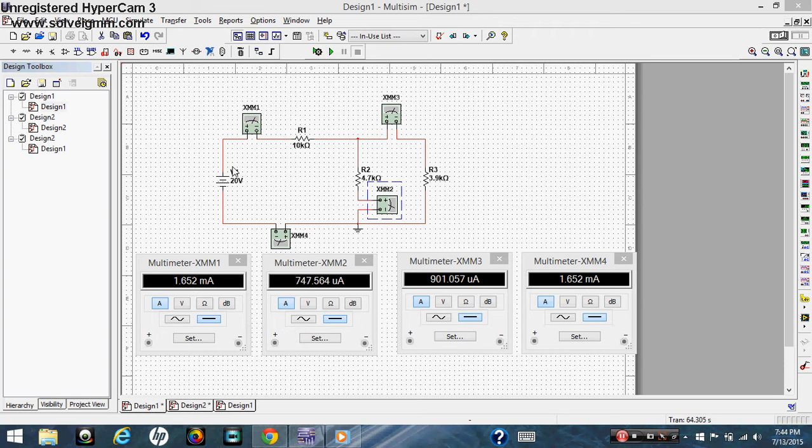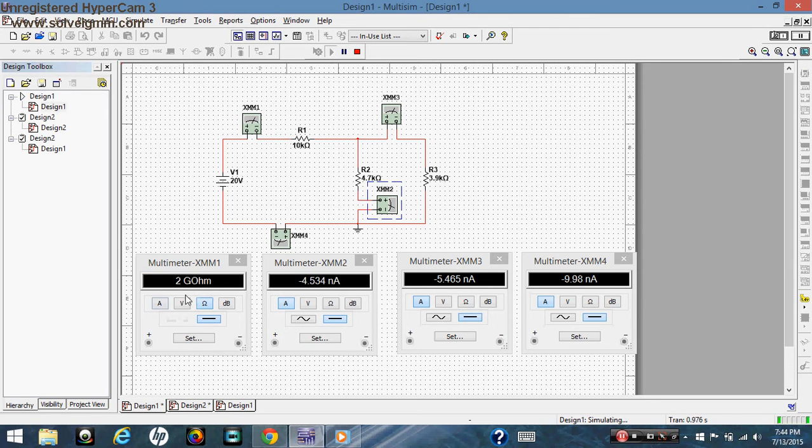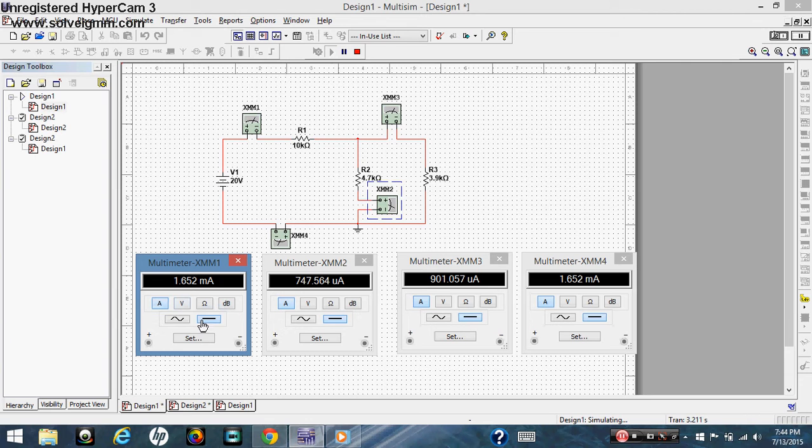So the total current will be I equals V over R, 20 volts over the total resistance in the circuit, and that would be generated by the multimeter to give the total resistance. That's not done here, but you would connect the positive end to here to get the total resistance in the circuit.